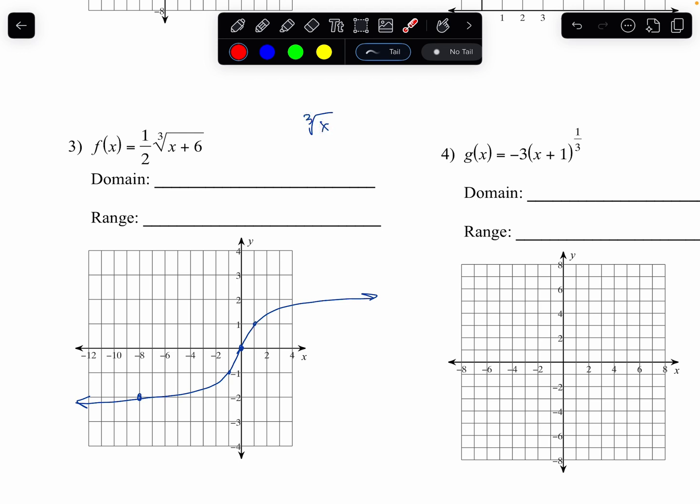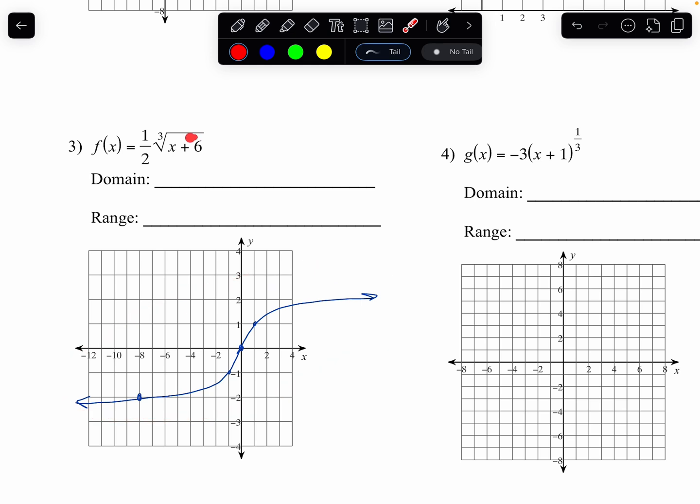The cube root of 8 is 2, so if x is equal to 8, then it's going to be equal to 2. And whenever you get negative 8 in here, the cube root of negative 8 is negative 2, which is why you get that point right there. It's just behaving as any cube root would. So that would be the parent function given here.